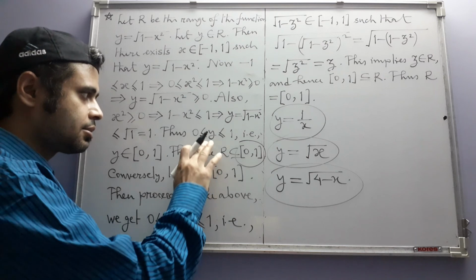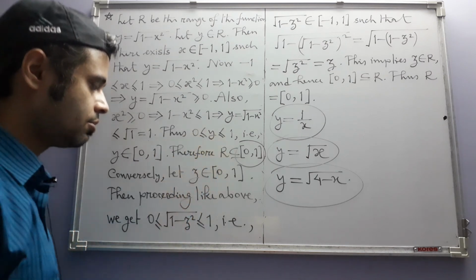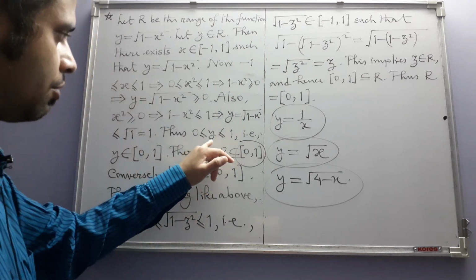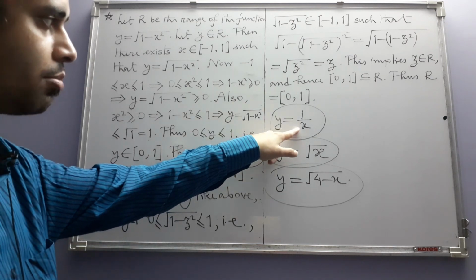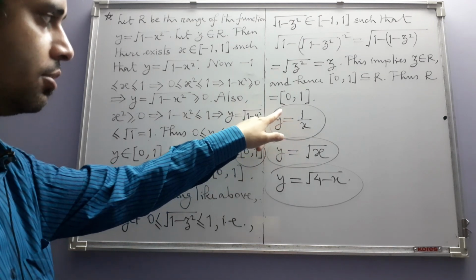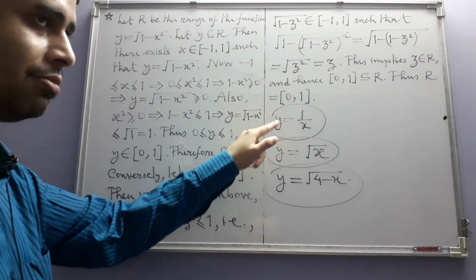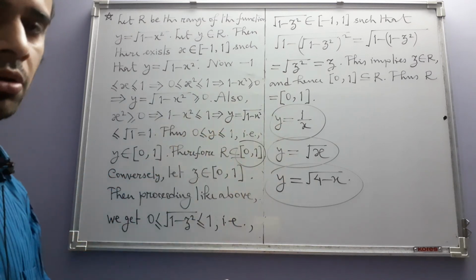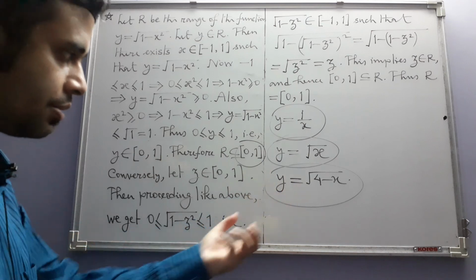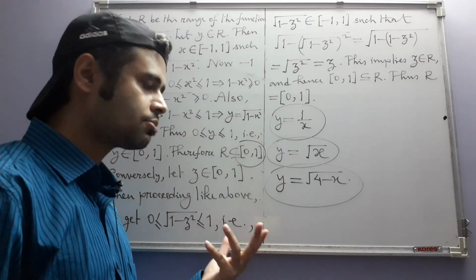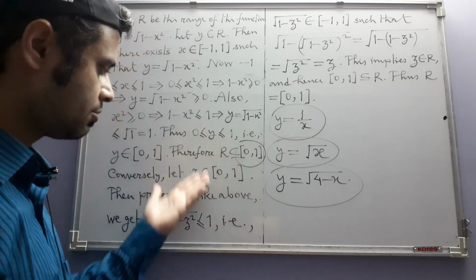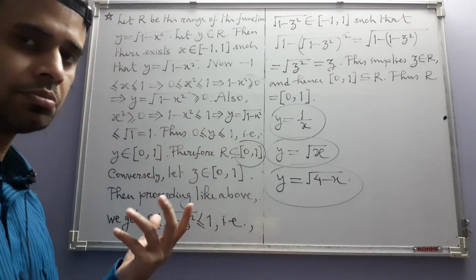For that, you just note that the range is going to be the set of all possible y values. So looking at the formula for the function, you try to guess what y values are possible. So the set of all possible y values is the range. From there you can guess what the range is. Then of course you can use mathematical logic to prove that your guess is correct.